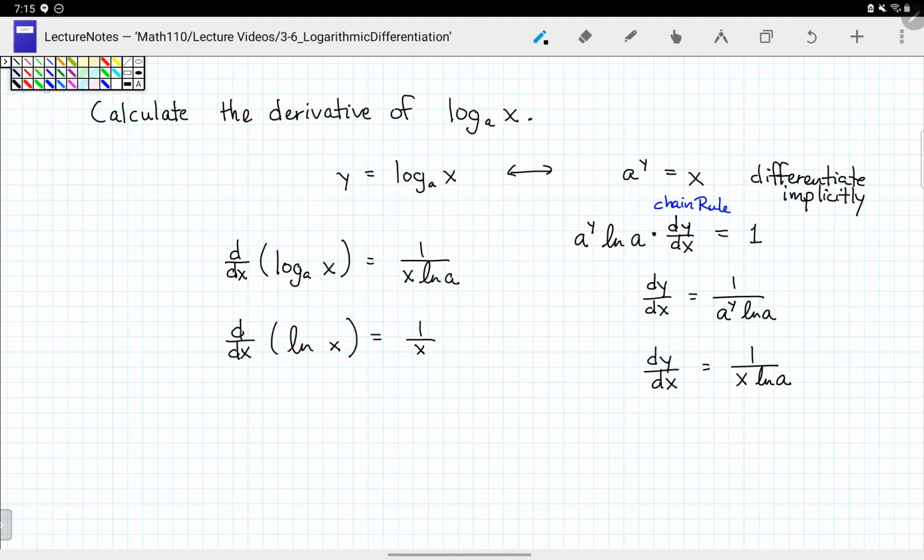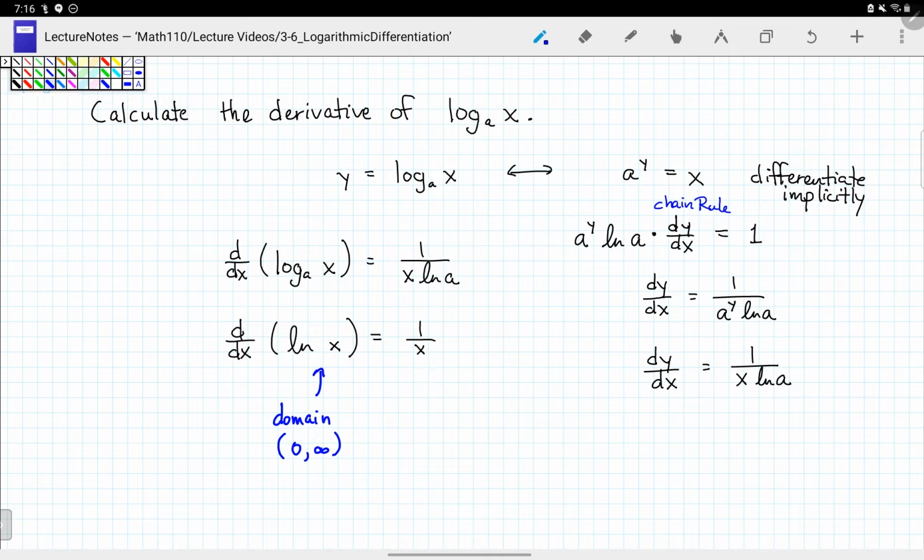Now, it's worth noting that the domain of the natural log is positive real numbers. And so this only gives us 1 over x for the positive real numbers.